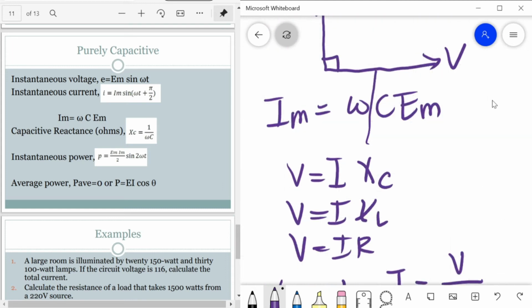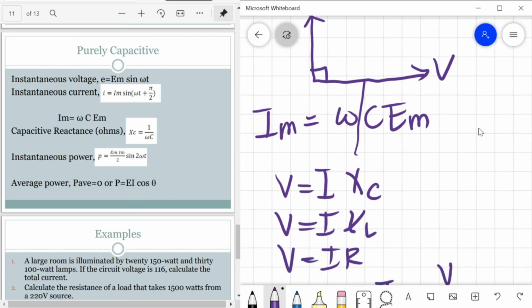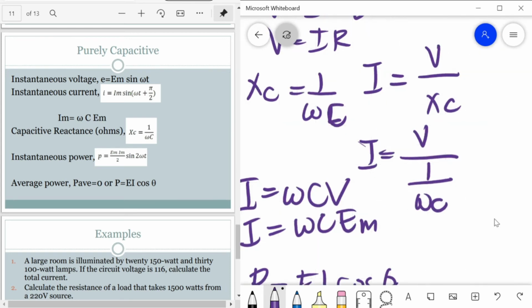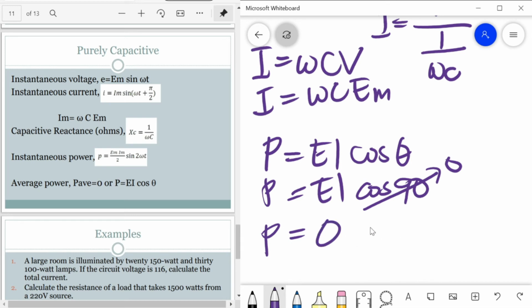The angle between voltage and I is 90 degrees. That is the power factor, cosine theta. Cosine 90 is 0. Therefore, the P in a pure capacitive is also equal to 0.